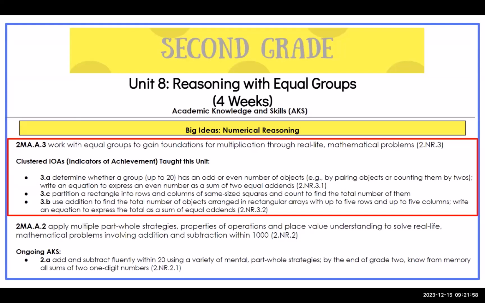With the understanding of partitioning into equal parts of rows and columns, in IOA 3B students will be introduced to repeated addition to find the total number of objects arranged in rectangular arrays, up to 5 rows and up to 5 columns.